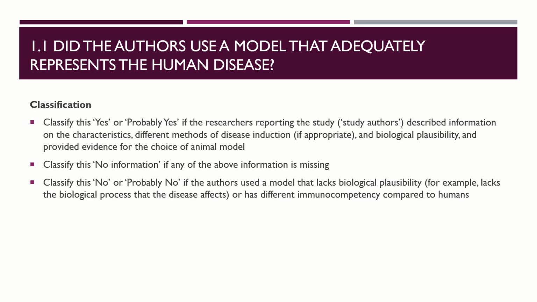Classify this as no information if any of the above information is missing. Classify this as no or probably no if the authors used a model that lacks biological plausibility. For example, the animal lacks the biological process that the disease affects, or has different immunocompetency compared to humans.